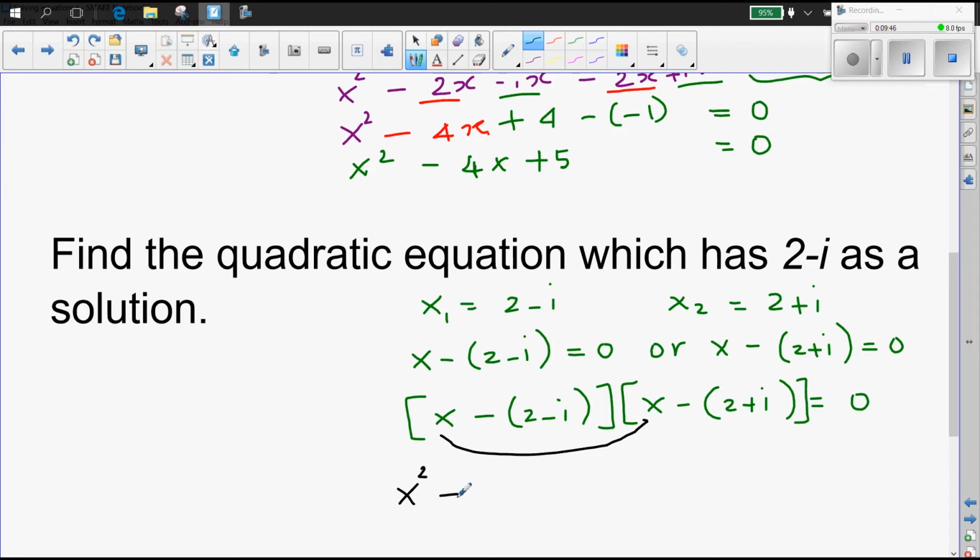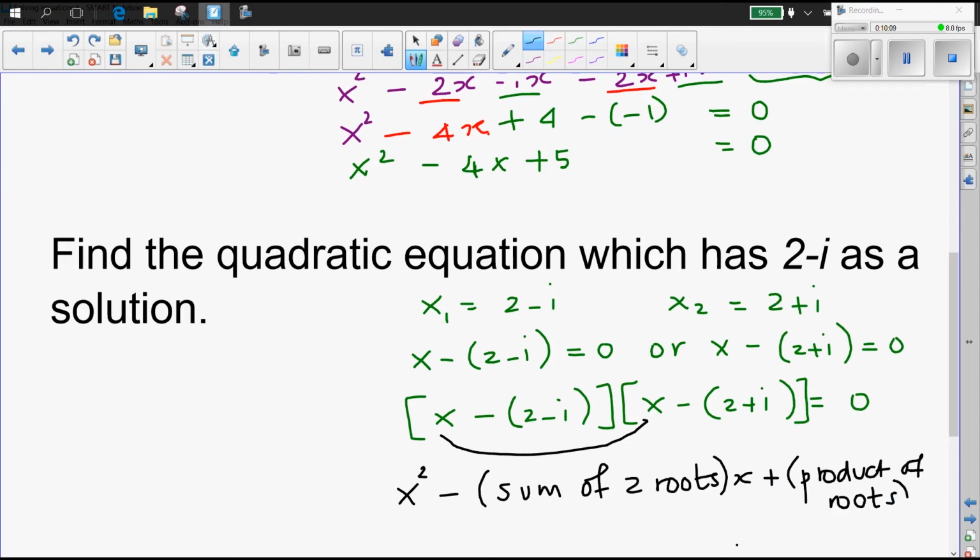Then we find the sum of the two roots, and minus that sum is the coefficient of x. Plus, to find your constant, you find the product of your two roots. And that will equal 0.